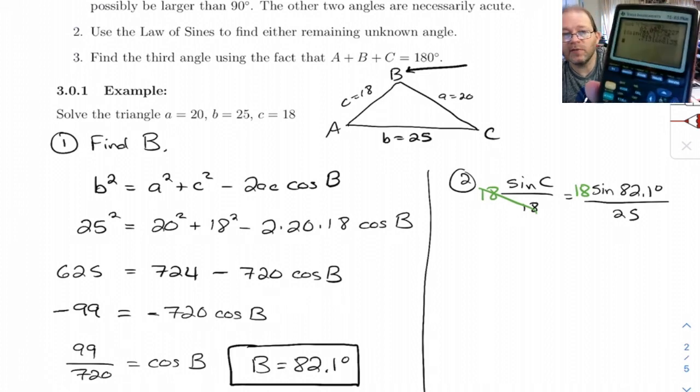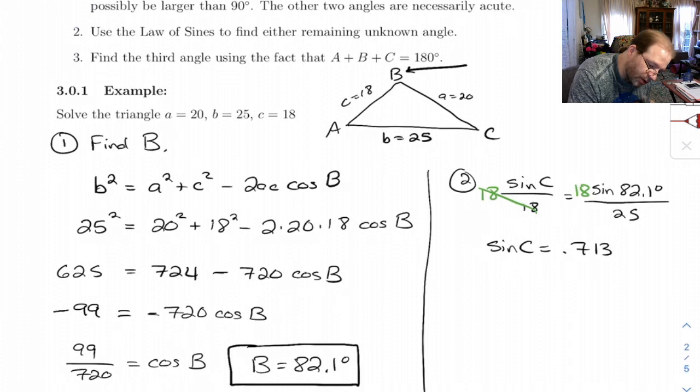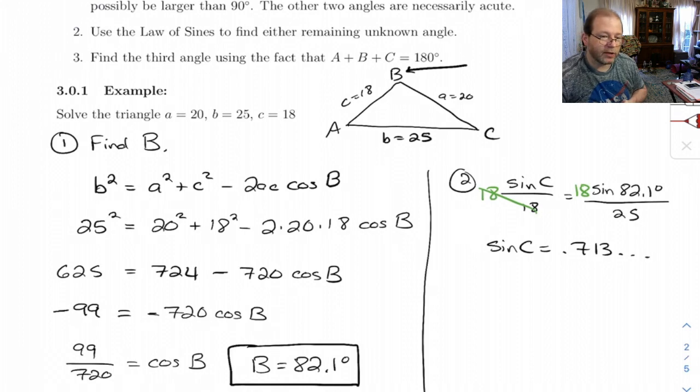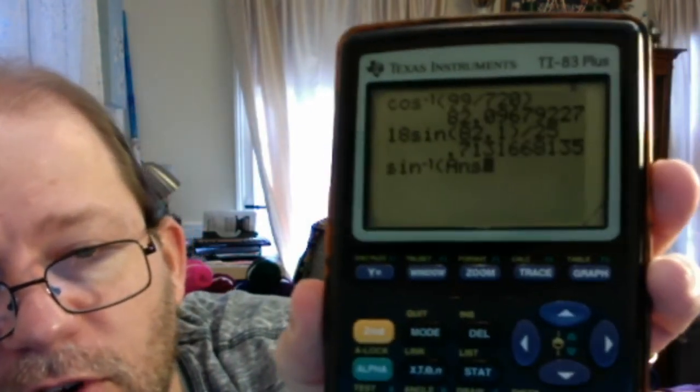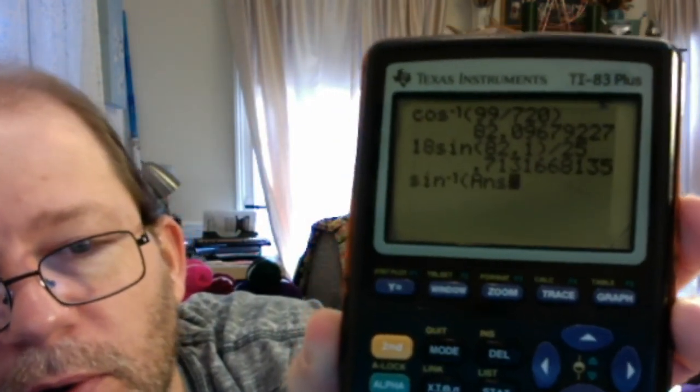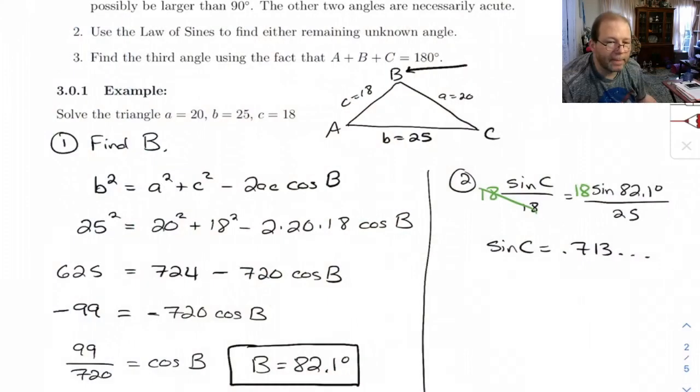This gives me 0.713 for sine C. Now, I'm going to take the inverse sine of that by doing inverse sine of answer. That way I get all those decimal places in there. I don't want to just type in 0.713. So when I do that, I get 45.49. So 45.5 is what we'll round to.